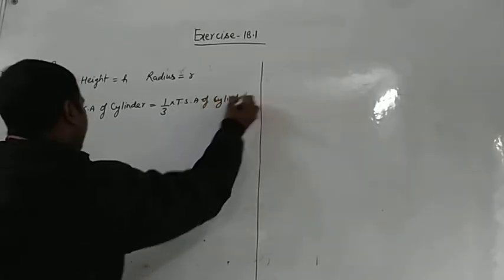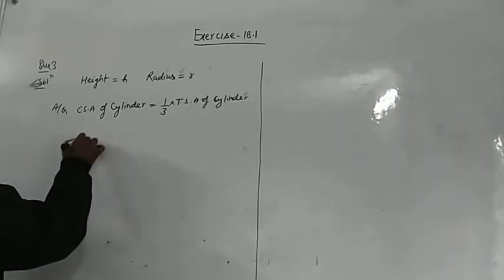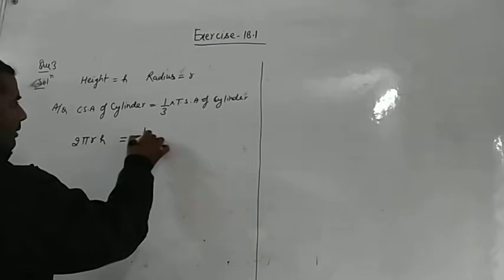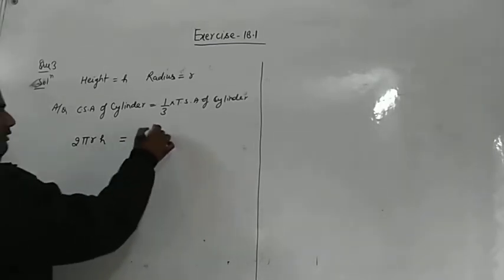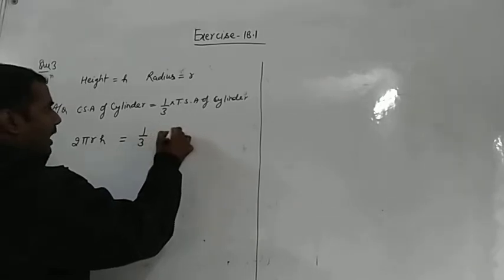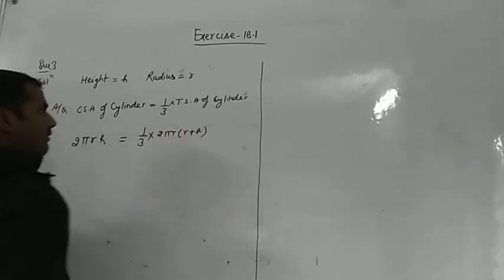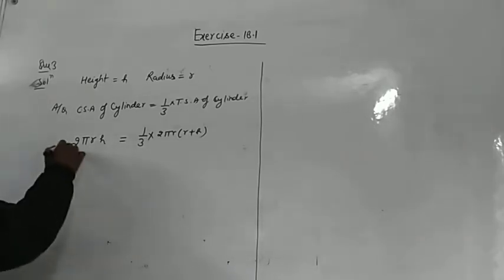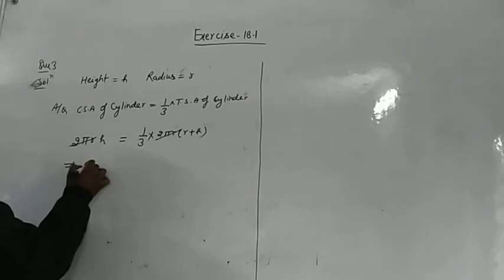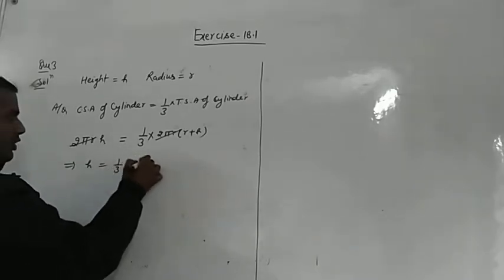As we know that curved surface area of cylinder is equal to 2 pi r h and total surface area is 2 pi r times r plus h. This is the total surface area. Now 2 pi r cancels out 2 pi r, so h is equal to 1/3 of r plus h.